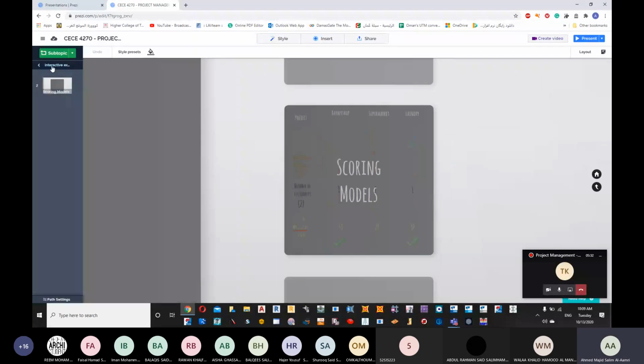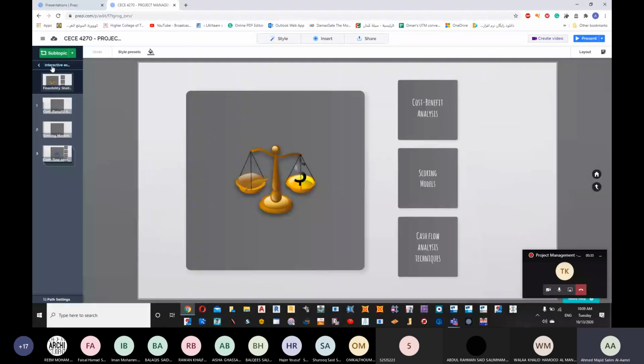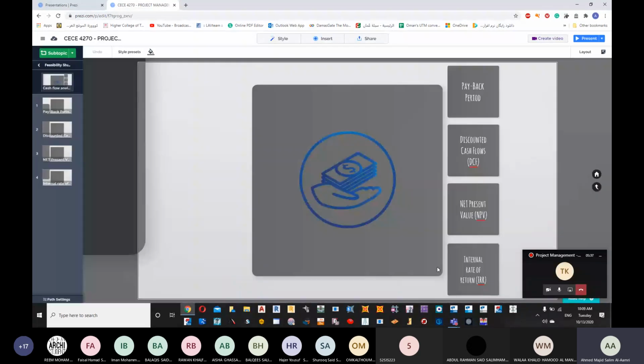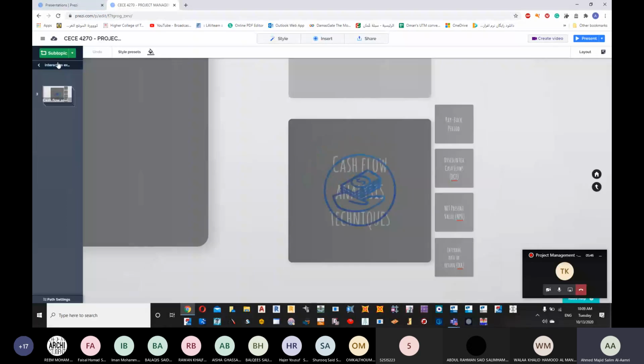And then after that, we have taken cash flow analysis, where we are measuring more in values, more in numbers. Now here, if you can see, in cost benefit analysis or scoring models, we are not measuring the return.